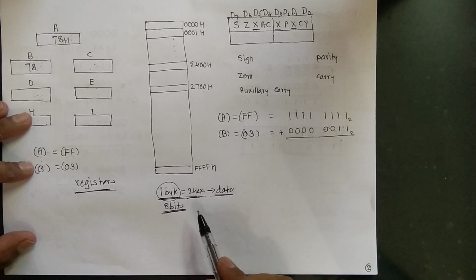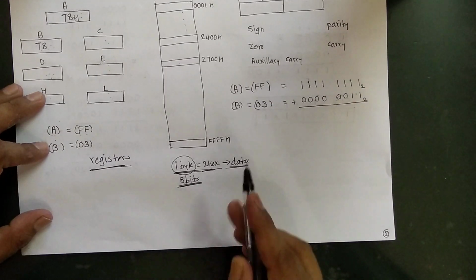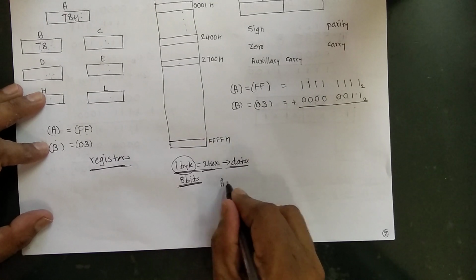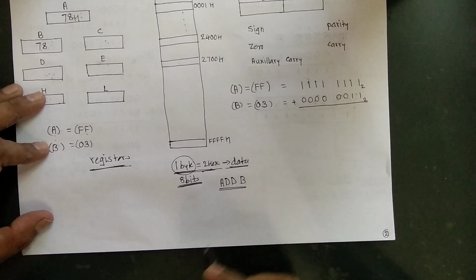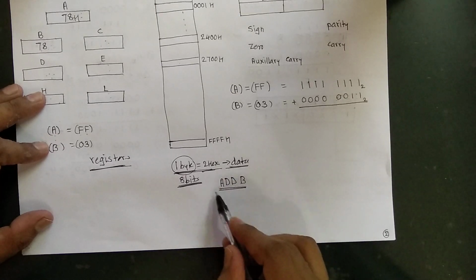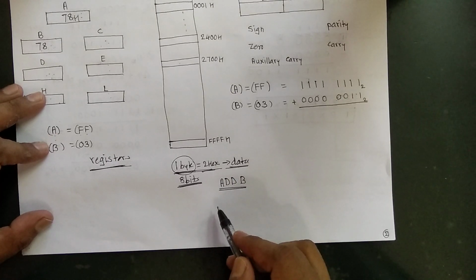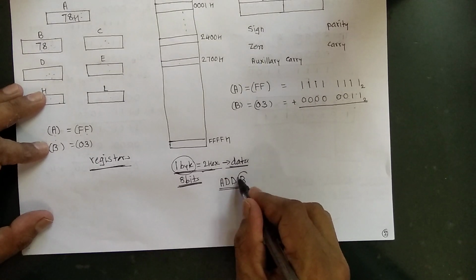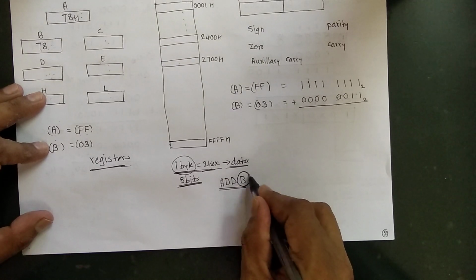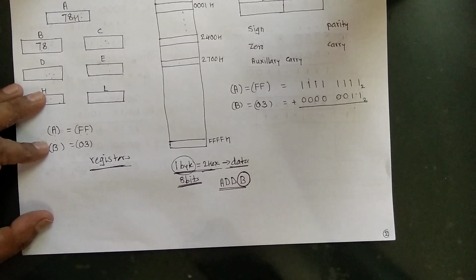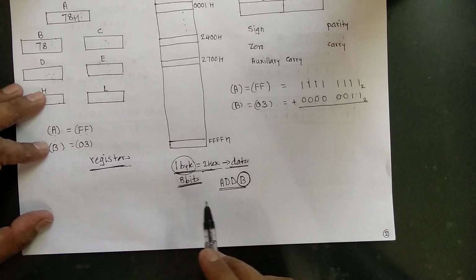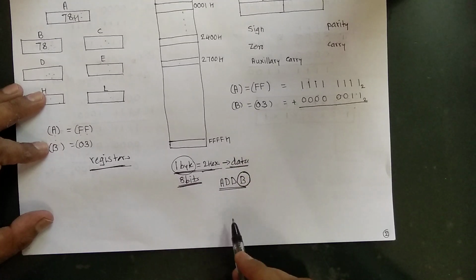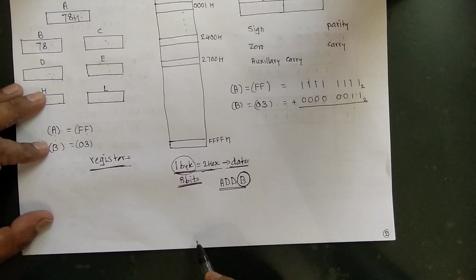Now let us execute the instruction ADD B. I will explain what ADD B is. Add means we have to perform the addition. The content of register B, meaning the number stored in register B, gets added to the content of the accumulator, and the result is stored in the accumulator.